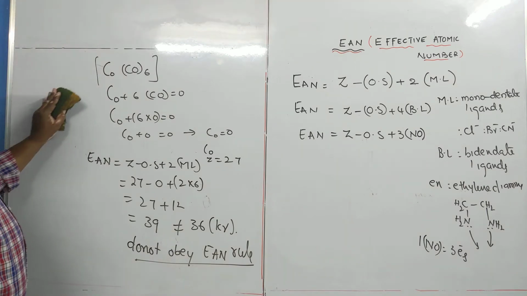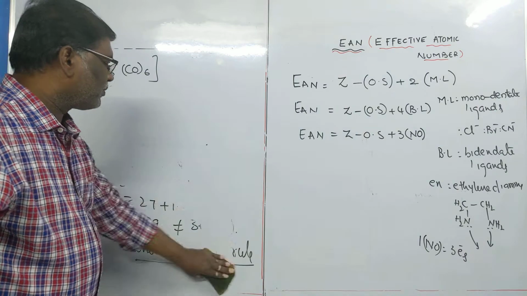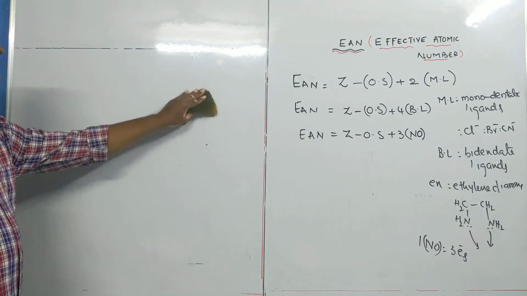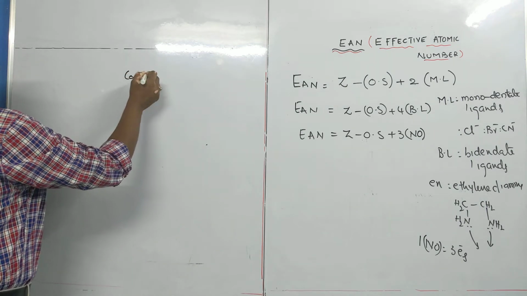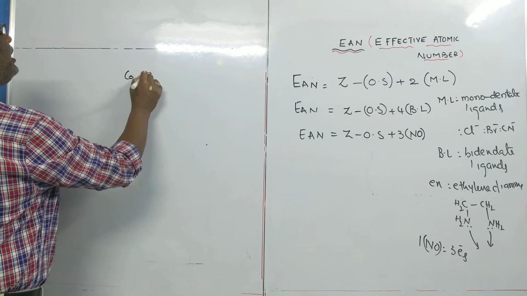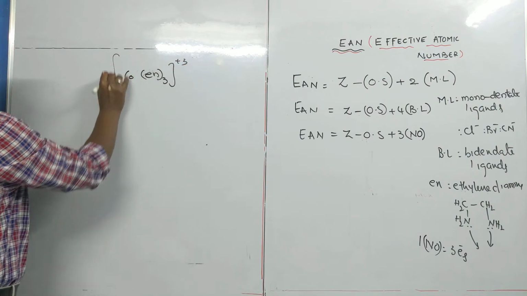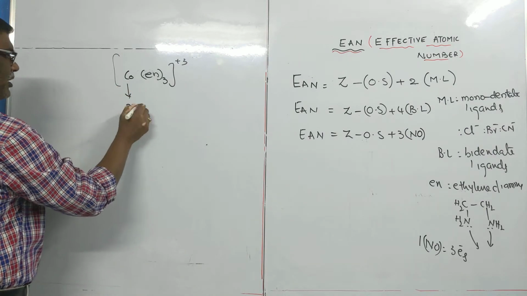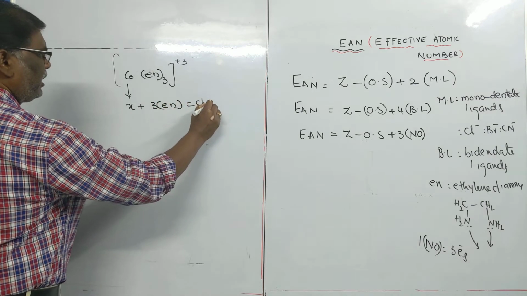Okay. The next one we are going to discuss: the EAN of a complex involving bidentate ligand. Co(en)3, charge plus 3 for this one. Now what is the oxidation state? Oxidation state X plus 3 into en is equal to the charge here.